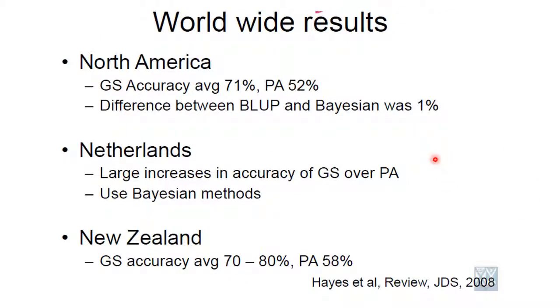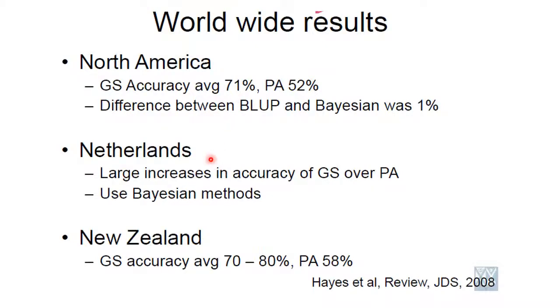Some worldwide results, there might be newer results being published, but the North American dairy data shows a marked increase in accuracy of prediction using genomic selection, a jump from 52% for parent average to over 70%.